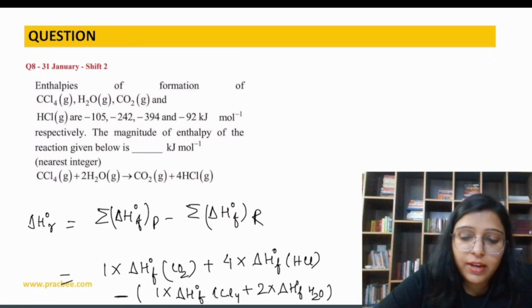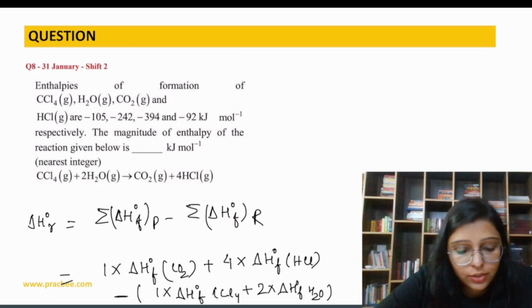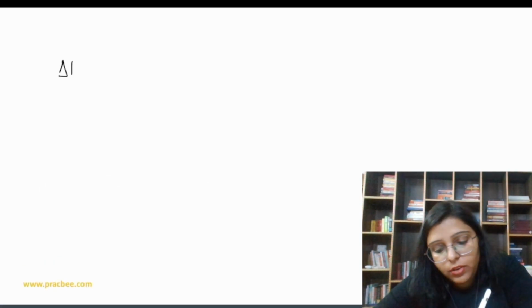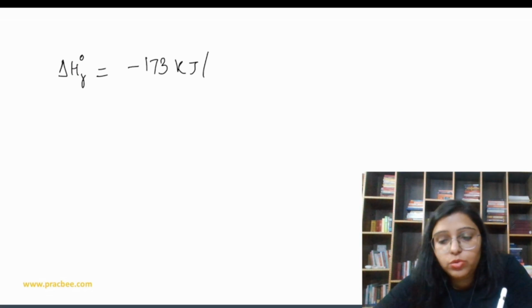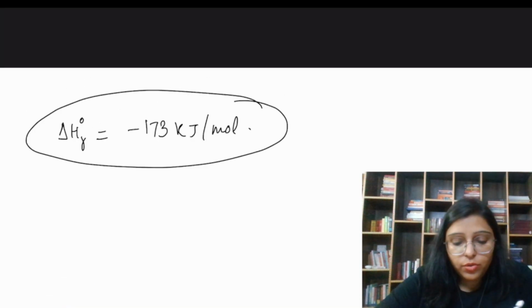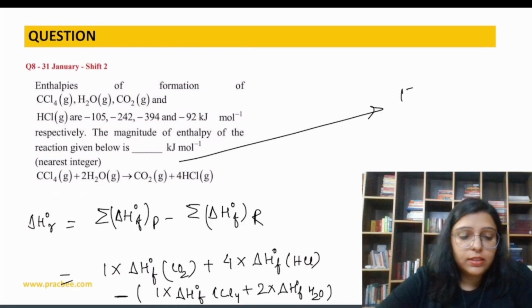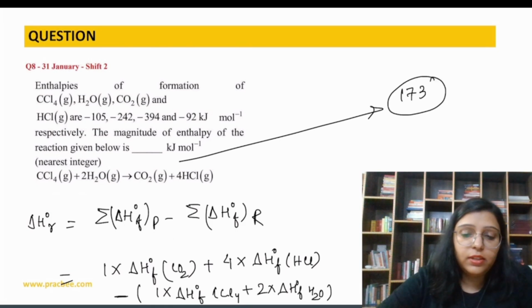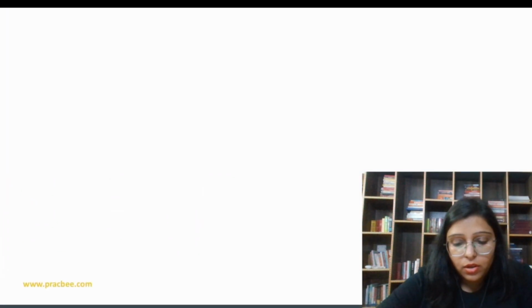Right, now all the values are given to you. You just need to put all the values, and when you put all the values, you get answer equal to minus 173 kilojoule per mole. Right, so you have to report the answer in nearest integer. So reported answer is 173. Clear? That's it. Just solve it.